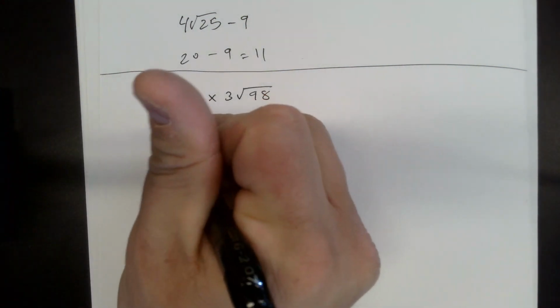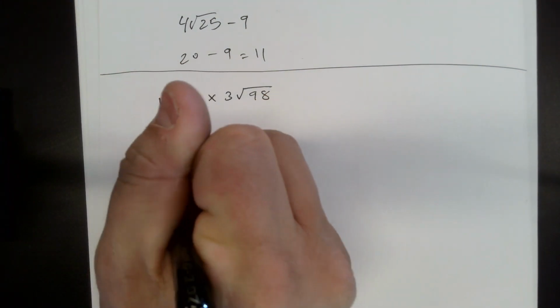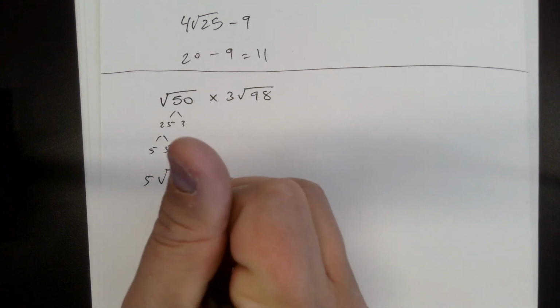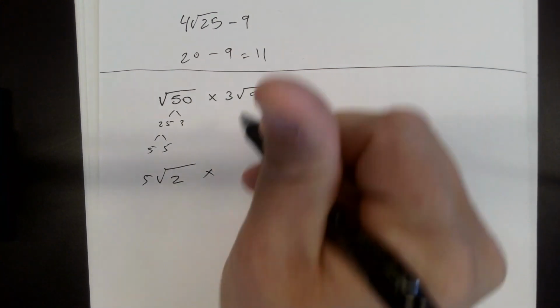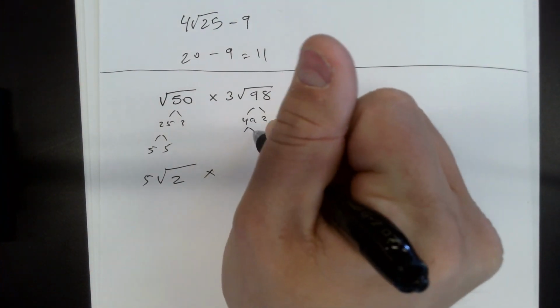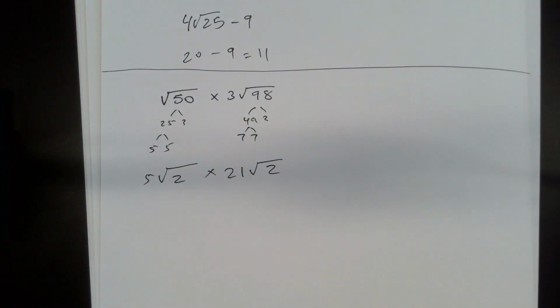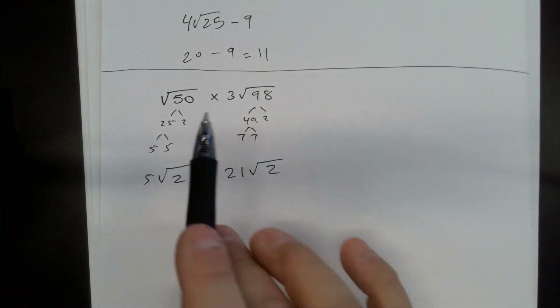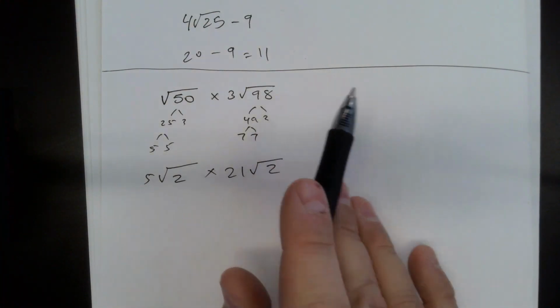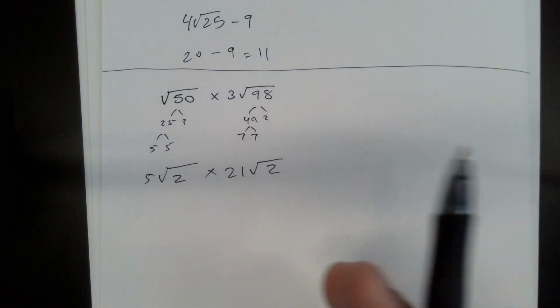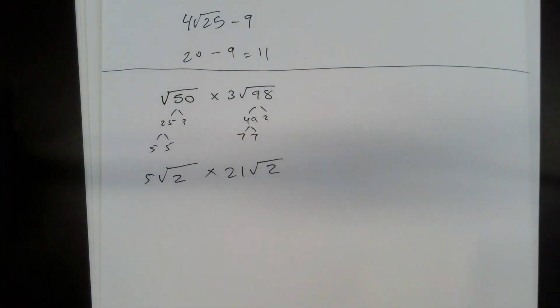I would simplify it down first to get this. If you have these gigantic numbers when you multiply, don't multiply 50 times 98 and get something like 4,986 and then try to do it.